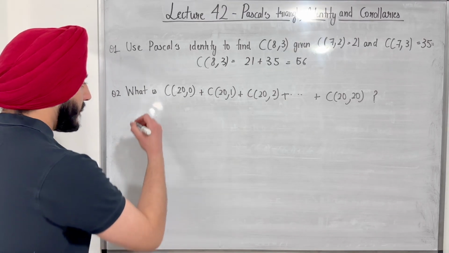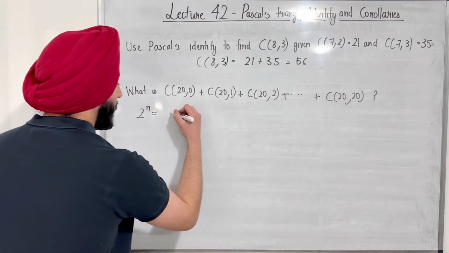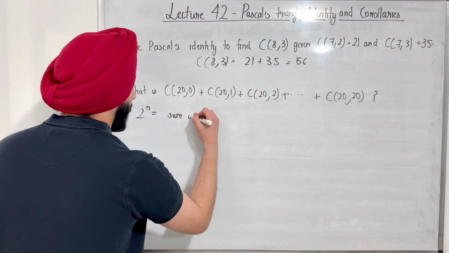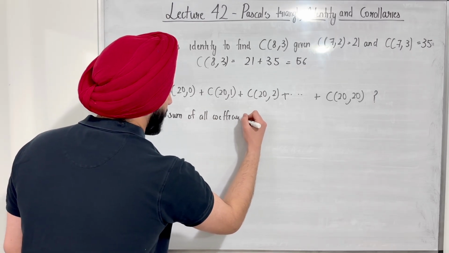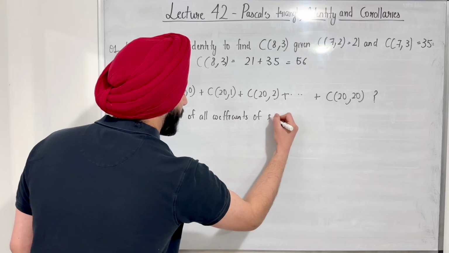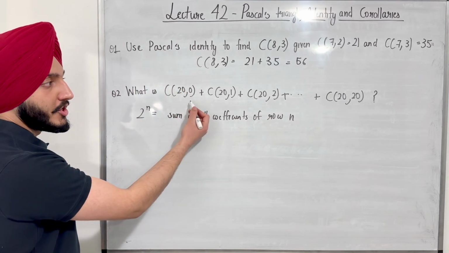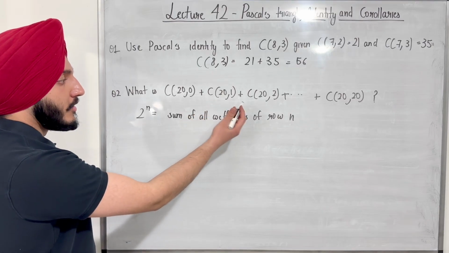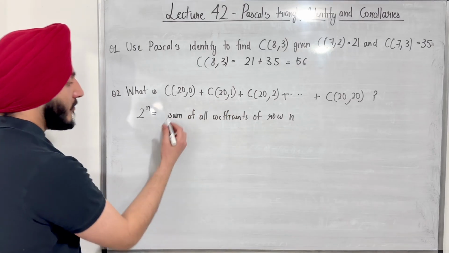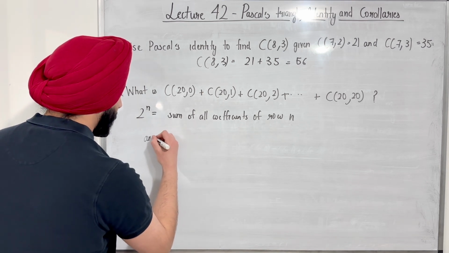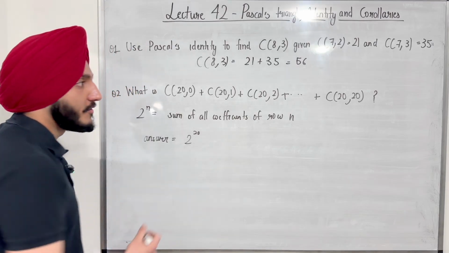If you remember, we covered 2 to the power of n equals the sum of all coefficients of row n. And if you look at this equation, this is pretty much the sum of all the coefficients of row 20. So the answer would be 2 to the power of 20 for this question.